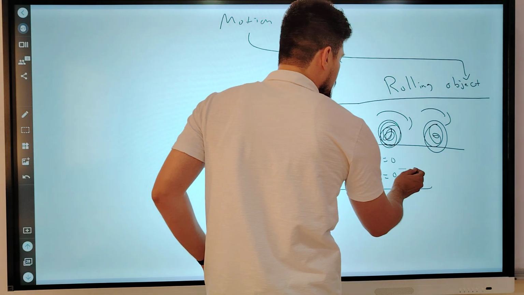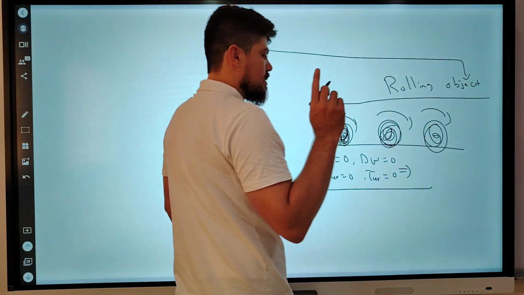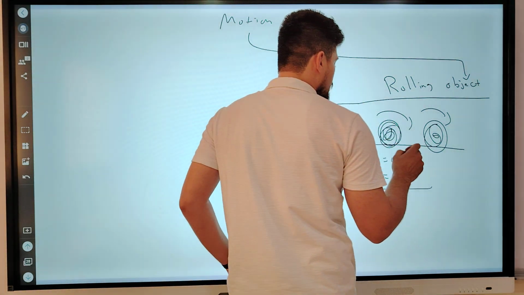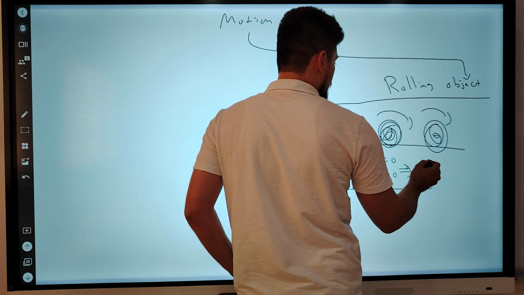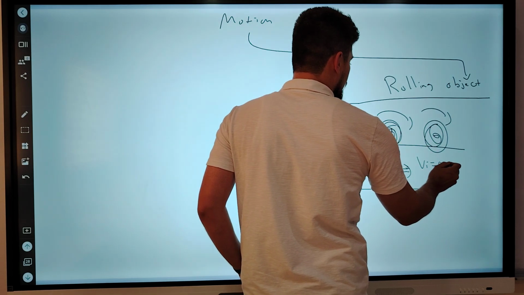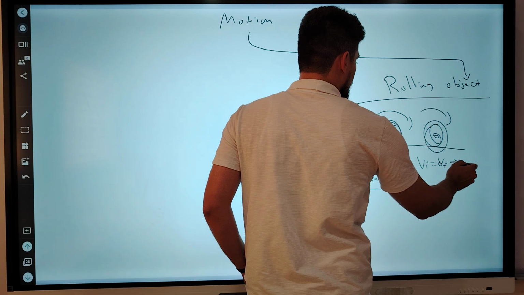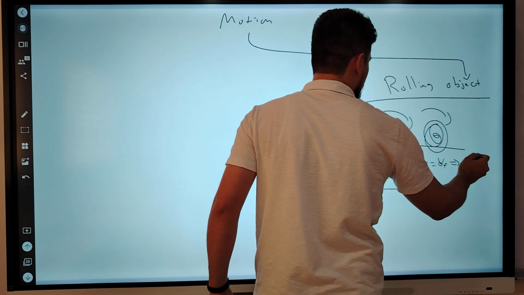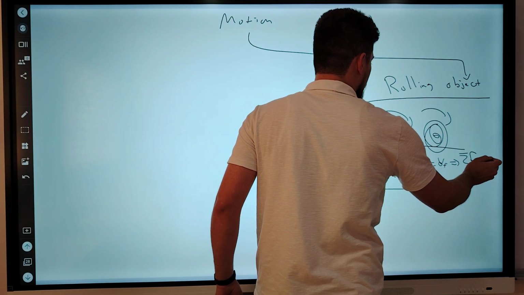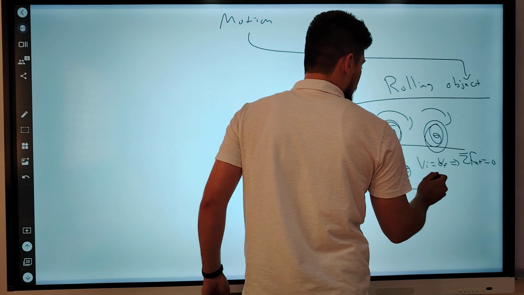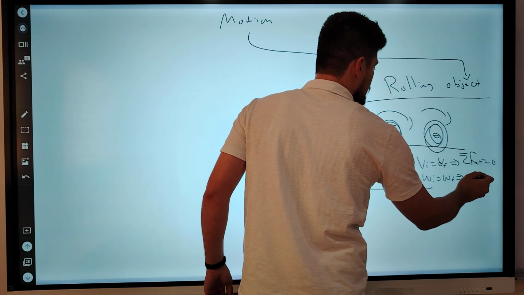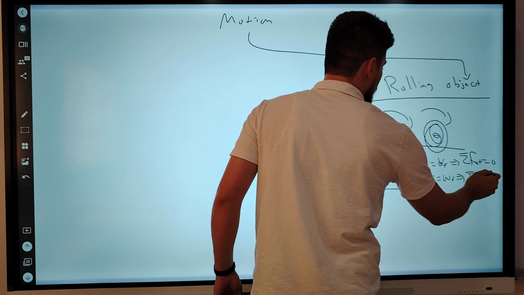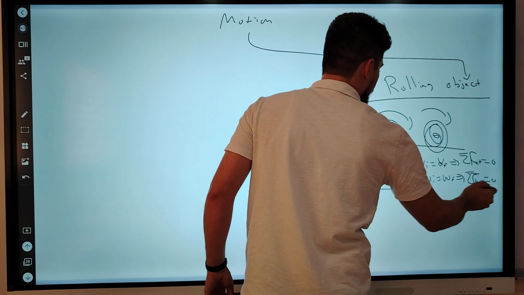Or when the object is moving with a constant speed, V initial is equal to V final. This is the condition of translational equilibrium: net force 0. And also omega initial is equal to omega final, which is the condition for rotational equilibrium.